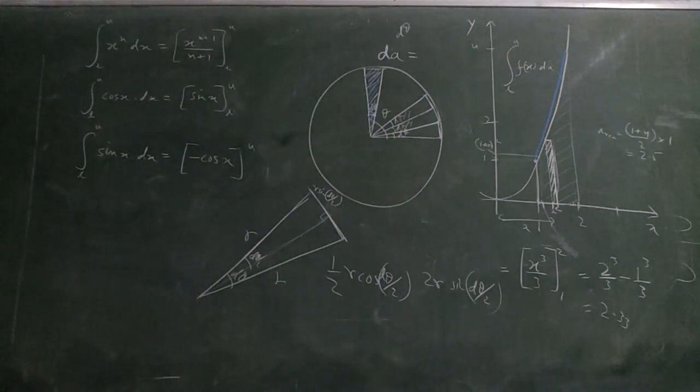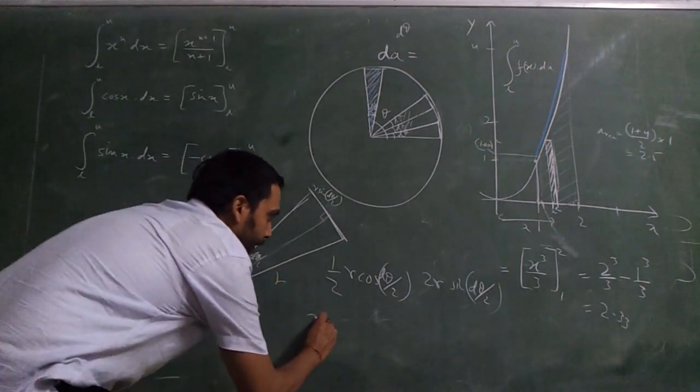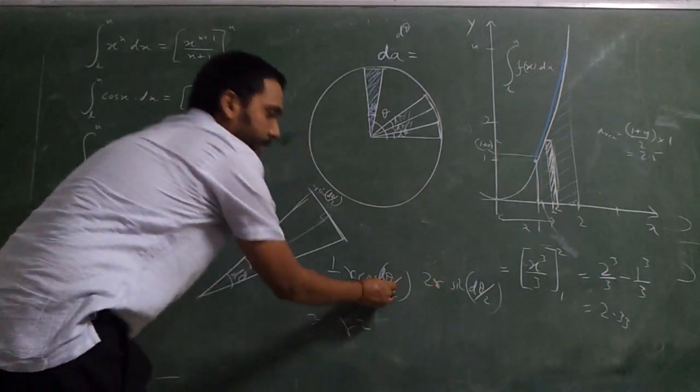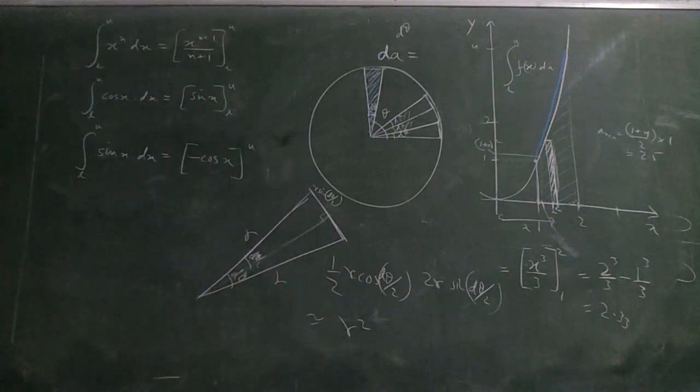Any doubt? Now for very small angles, cos theta, for almost zero angle d theta, it is 1. Okay, cos 0 is 1 or not? So I can write it as approximately, this 2 cancels with 2, it is r square, this is 1 itself, and for very small angles, sin x is x.